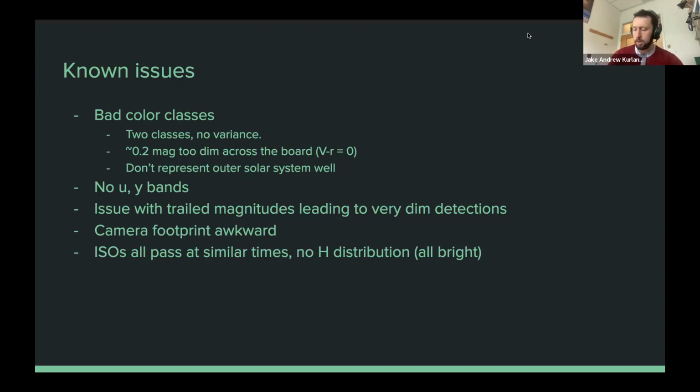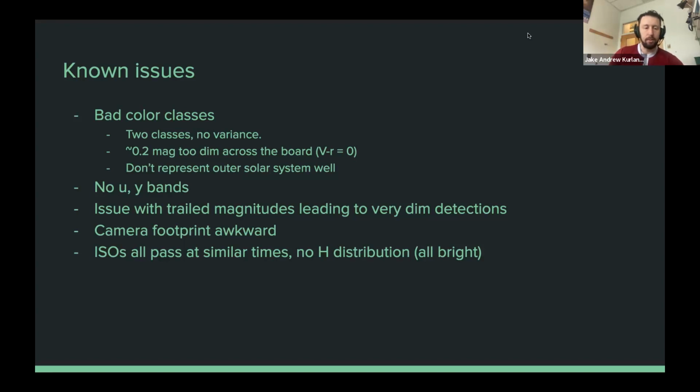And these color classes are both color classes from the inner solar system that don't match up well with the known colors of outer solar system objects. And so the distribution of discoveries across filters and that sort of thing is not appropriate for the outer solar system or the interstellar population.